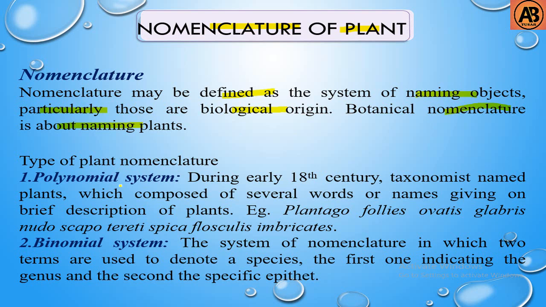Types of plant nomenclature: there are two types, polynomial system and binomial system.